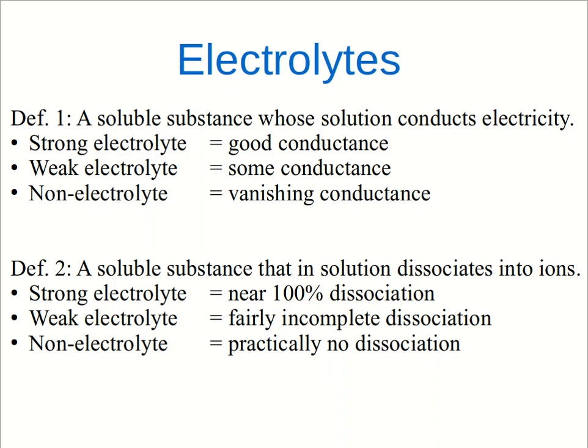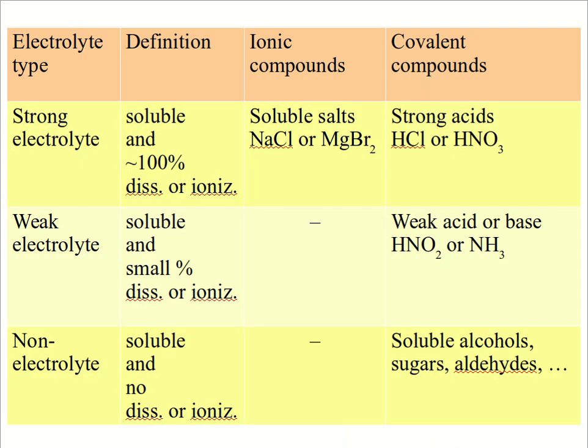And now let's put a little bit more meat on this, and let's split it between ionic compounds and covalent compounds, and let's put some examples for every compound class we might encounter here. This table is fairly dense in information, so let's go over it slowly. We have the electrolyte type here: strong, weak, and non-electrolytes, just as before.